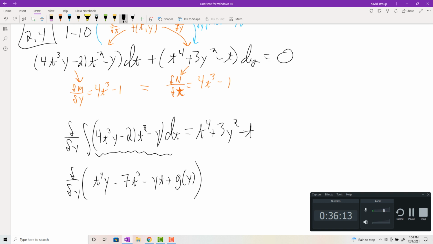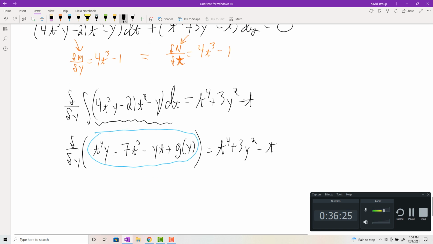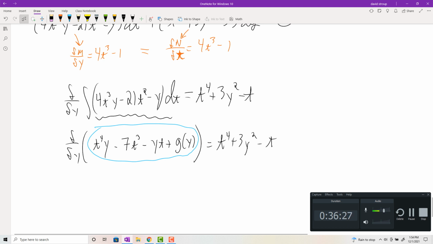On the right-hand side, you have t to the fourth plus 3y squared minus t. So this chunk right here is the solution. The only problem is I don't know what g of y is, so I have to figure that out using this equation. Taking the derivative with respect to y, you get t to the fourth minus 0 minus t plus g prime of y.